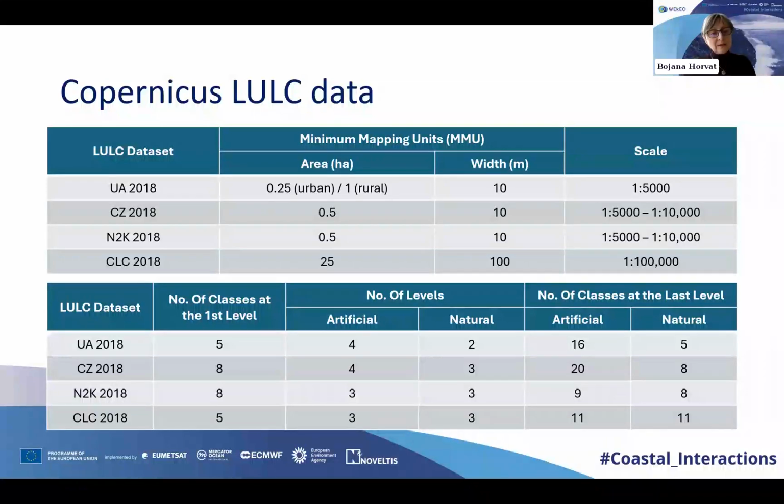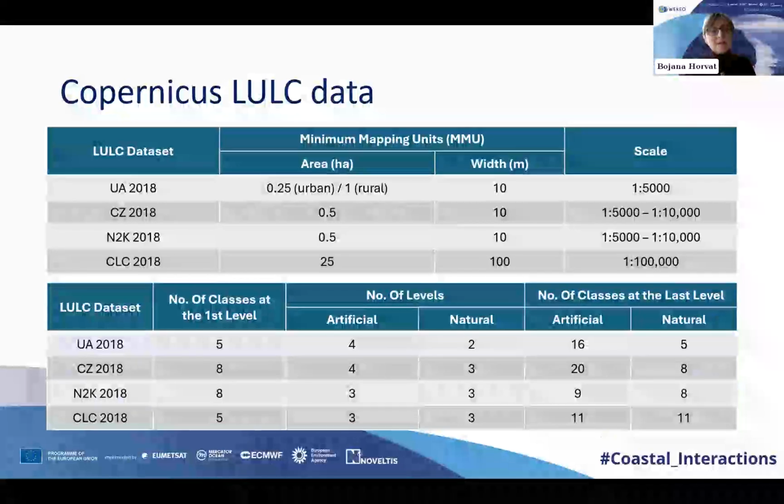When it comes to the thematic level, the most detailed in the urban regions is again Urban Atlas, followed by Coastal Zones and Natura 2000, for example. It depends actually on the purpose of the data set. At this point, we were analyzing data that refers only to the urban areas. So Natura 2000 is not thematically detailed enough.